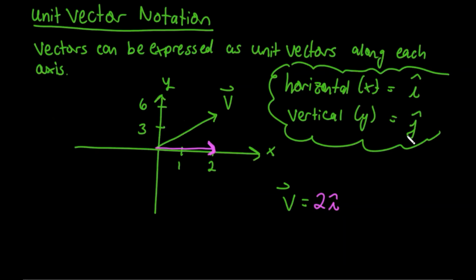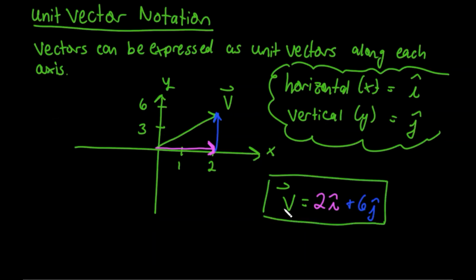Then we would go to write out our j. If we draw in our vertical component, we can see that it is positive 6, and we want to multiply it by the unit vector, which is j. So this is our final answer, and that's how we write it in unit vector notation.